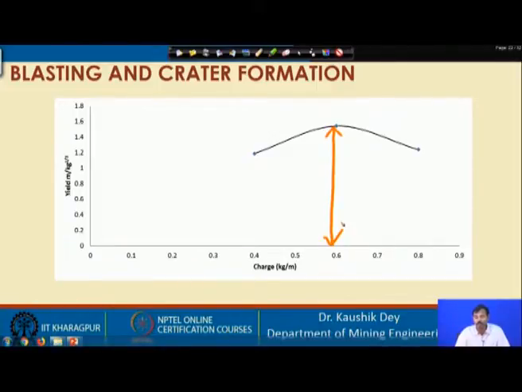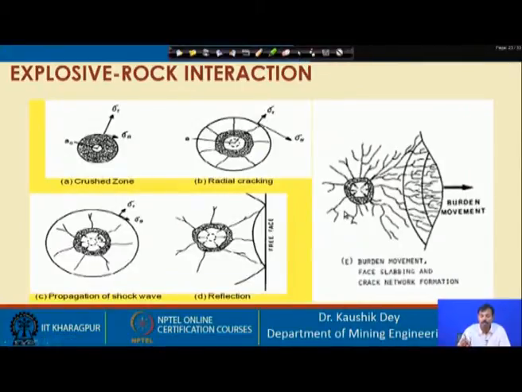So, probably 0.6 kg is a better option for this type of explosive rock interaction. This is basically the experimentation for understanding the explosive rock interaction, so that based on the quantity of the rock we can set our charge requirement in a blast hole.